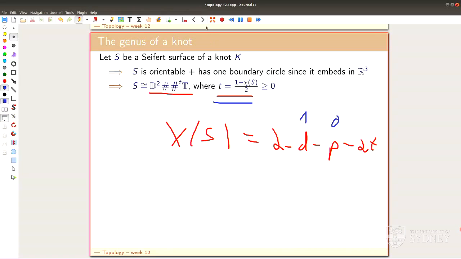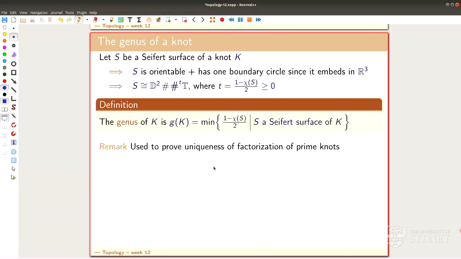And we define the genus of the knot as the minimum over all numbers that show up for a projection. Remember, you always do something for a projection and take the minimum over all of them. And that's called the genus of a knot. Don't ask me where the notion genus comes from. That's classical, historical, but it essentially just means the number of handles in the surface.